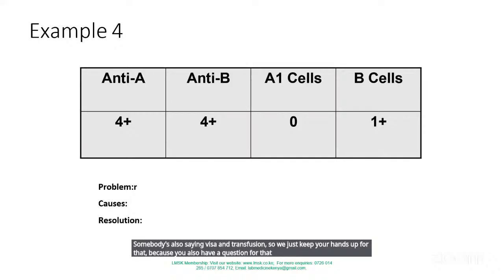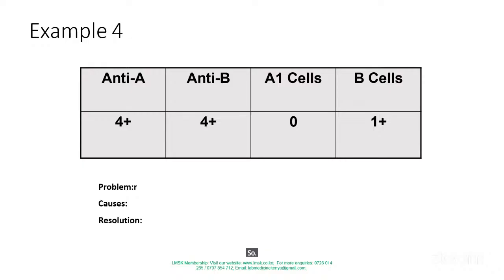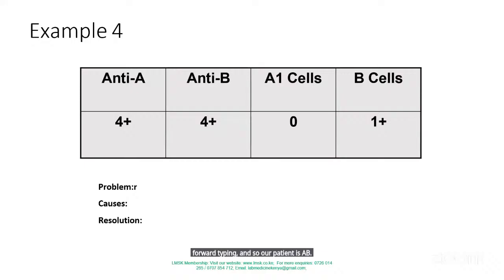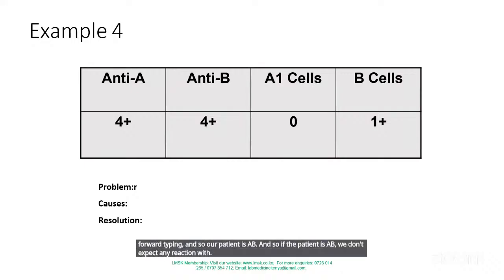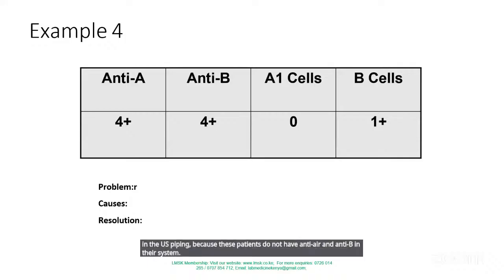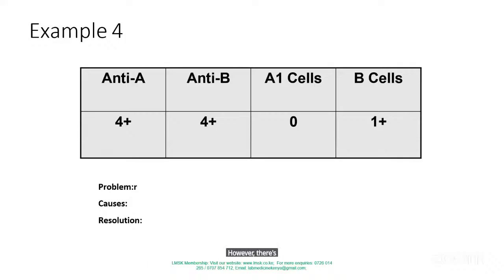So in this example number 4 again, we are seeing very strong reactions with anti-A and anti-B in forward typing, and so our patient is AB. And so if the patient is AB, we don't expect any reaction in the reverse typing because these patients do not have anti-A and anti-B in their system. However, there's a very almost negligible, very weak reaction with the B cells.